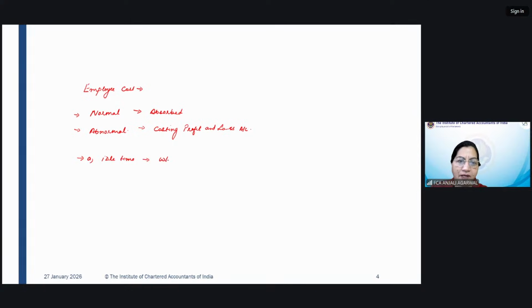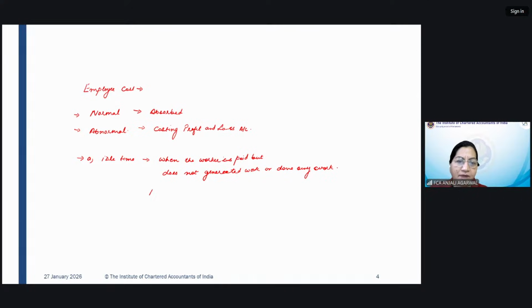When the worker is paid but he has not generated work during that period. So he has not done any work, but yet the payment has been made to him during that period.